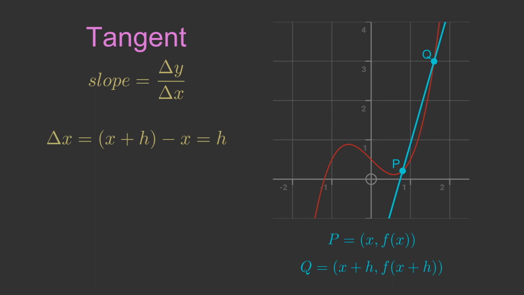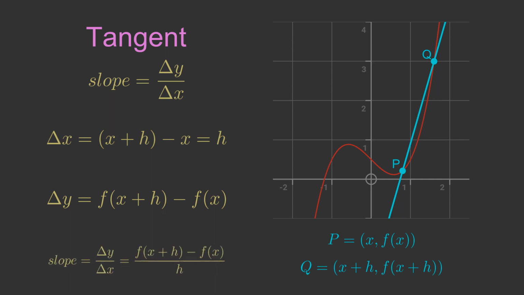This is just h. Of course, we already knew that because Q is a distance h from P along the x-axis. And delta y, the change in y values between P and Q, is f of x plus h minus f of x. So the slope of PQ is delta y over delta x, which is f of x plus h minus f of x, all divided by h.